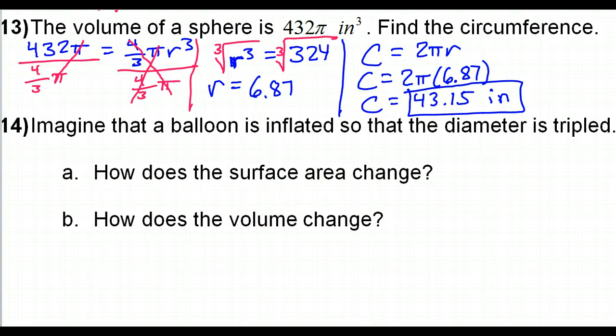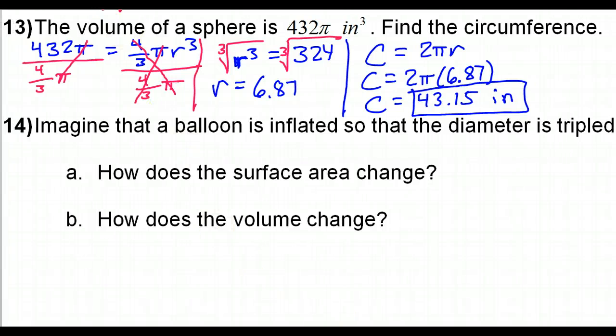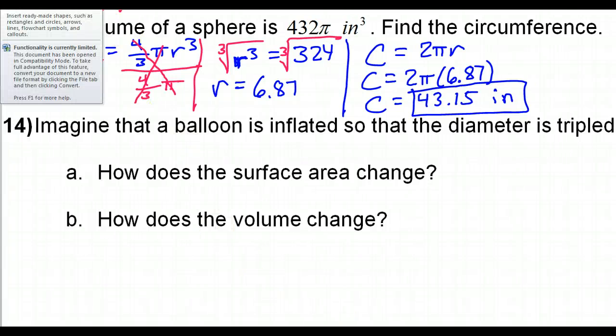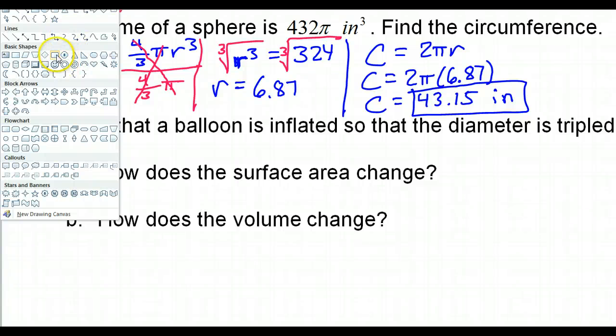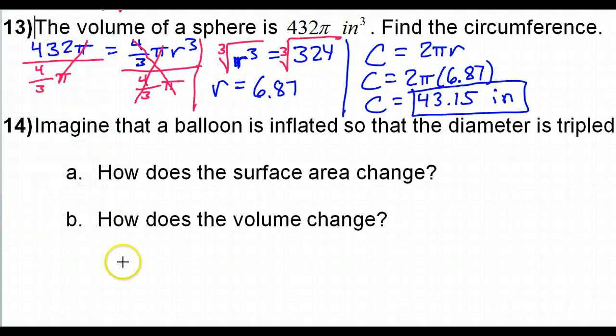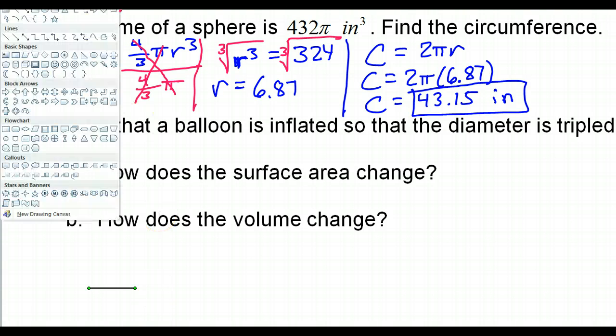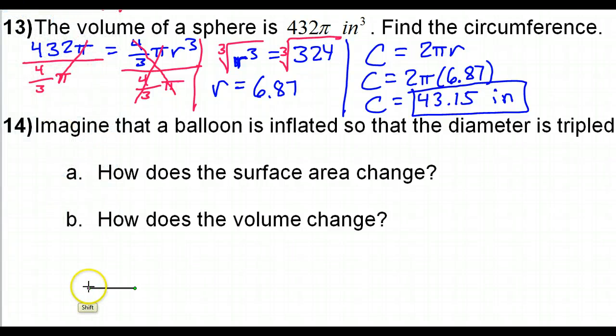So what I would recommend is going with a simple shape. For length, I'm going to use just a segment. This segment will represent length for me. For area, area can be represented by a square. So this would represent a square for me.